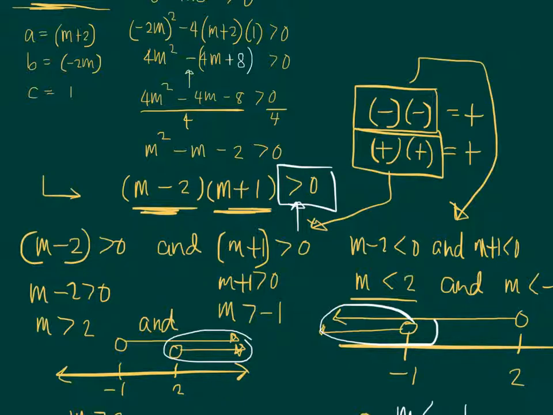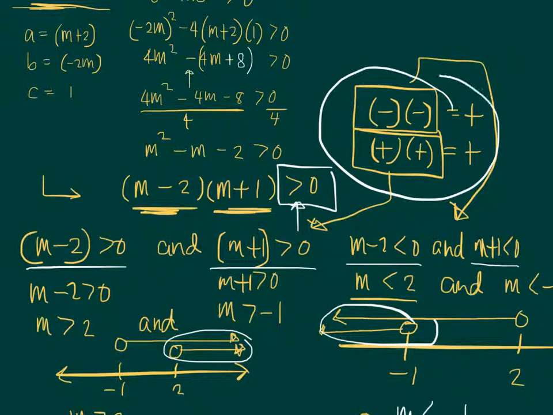The first case is m minus 2 greater than 0 and m plus 1 greater than 0, and the second case is m minus 2 less than 0 and m plus 1 less than 0. These cases came from the idea that negative times negative is positive and positive times positive equals positive.